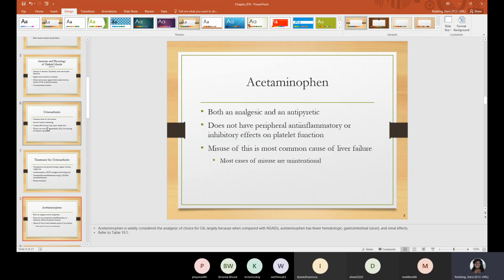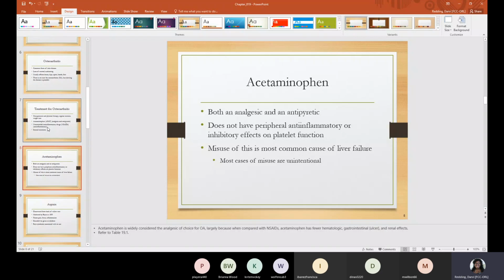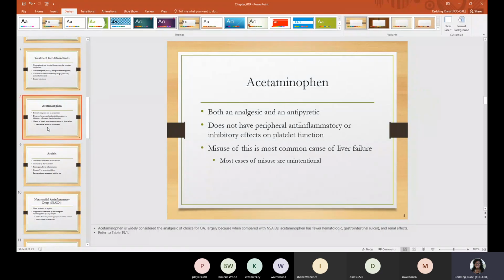So acetaminophen is both an analgesic and an antipyretic. You need to know analgesic means it's for pain, antipyretic means it's a fever reducer. So that means acetaminophen has two main properties. It's a pain reliever and a fever reducer. The NSAID has three properties, and I'll get into that when we get to that particular slide.